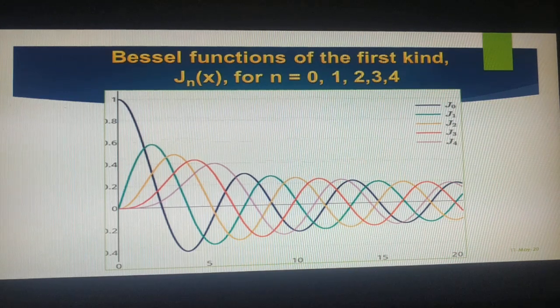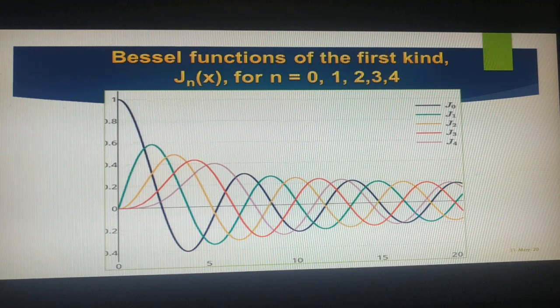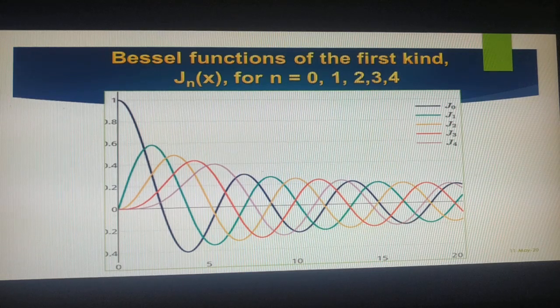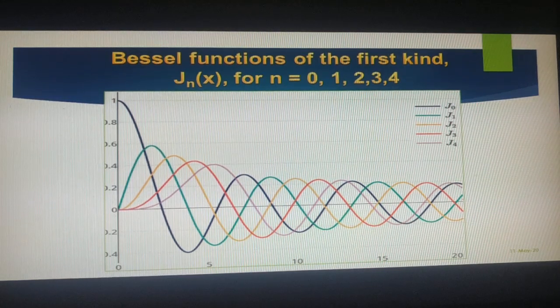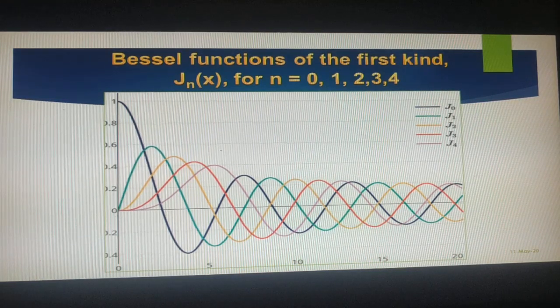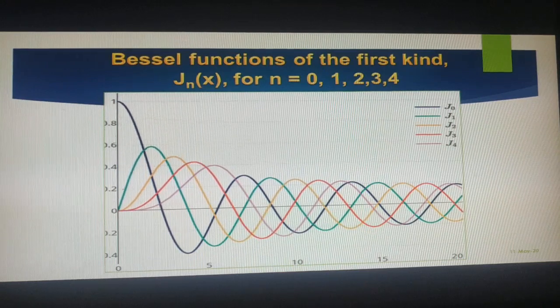These special functions converge to a certain point, and the wave clearly tells us there is a decreasing in its position. J0 of x is blue, J1 of x is green, J2 of x is yellow, J3 of x is red, and J4 of x is pink.